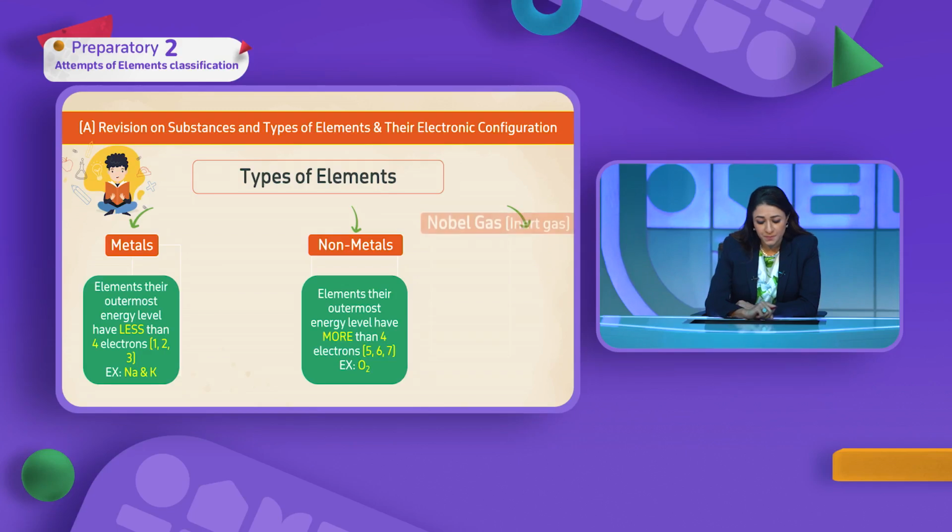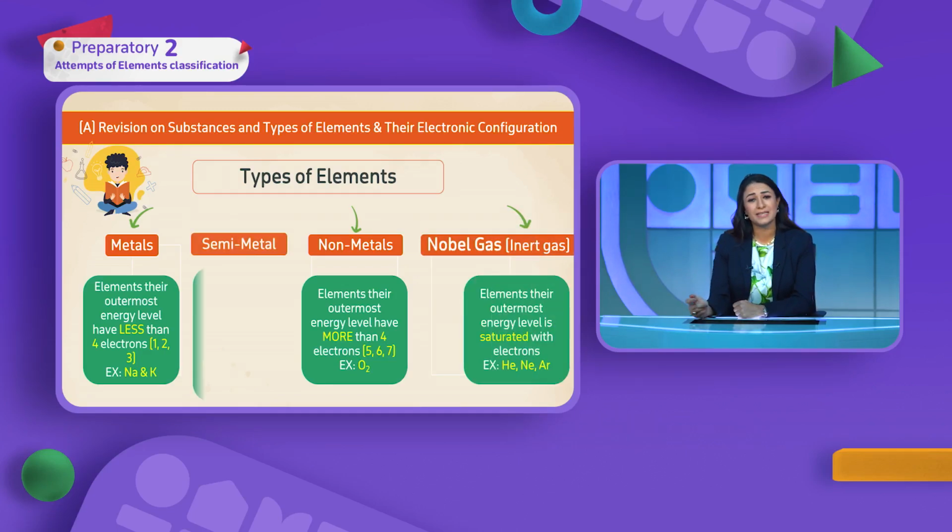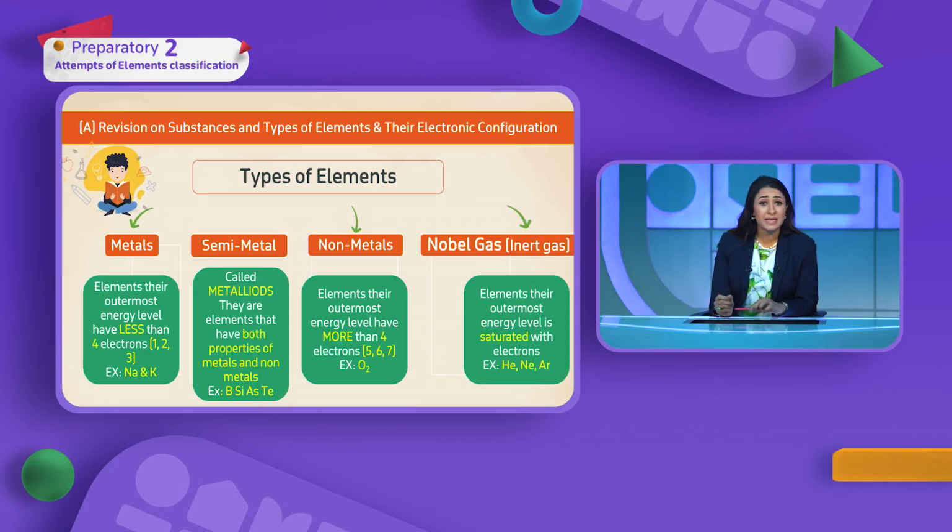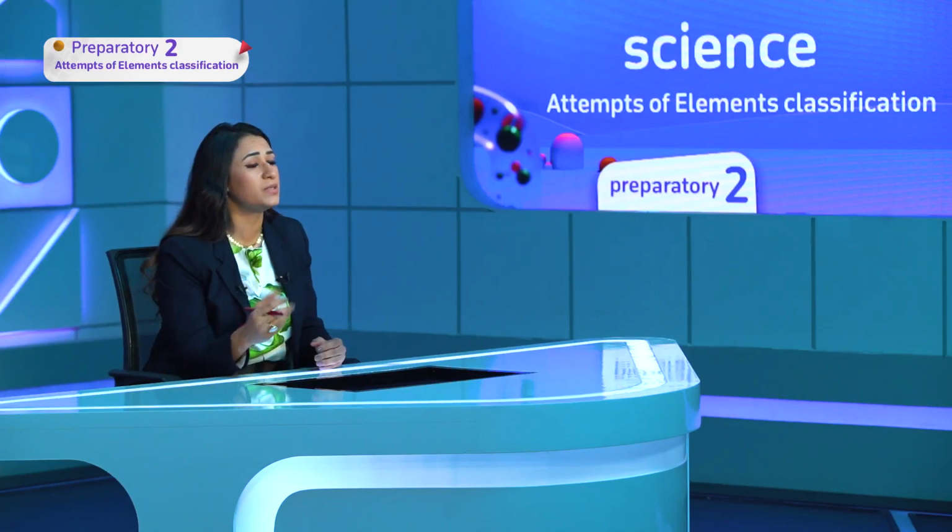Let's move on. We took noble gases last year. Noble gases are unique. They are special. They have a saturated energy level. What's meant by saturated? When I say saturated, it means the energy level is filled with electrons, contains for example 8 electrons in its outermost energy level.